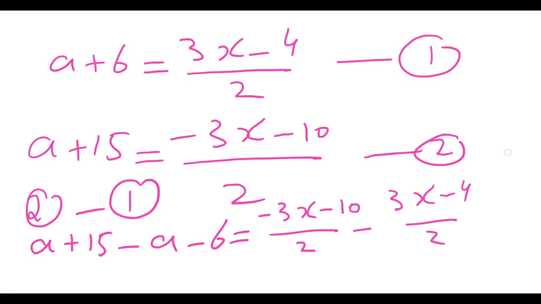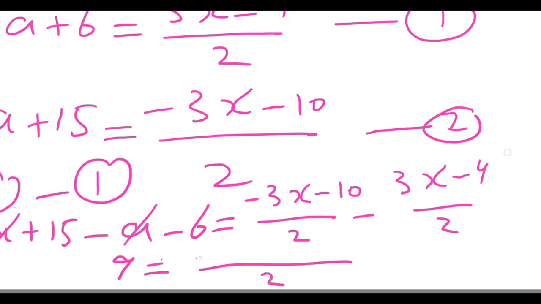Now I'm gonna further simplify. This is cancelled, positive and negative. So the 15 and 6 will be only left with 9. So the 9 is equal to, the 2 is LCD here, so we left on top negative 3x, negative 10, negative 3x, so the negative become positive 4.